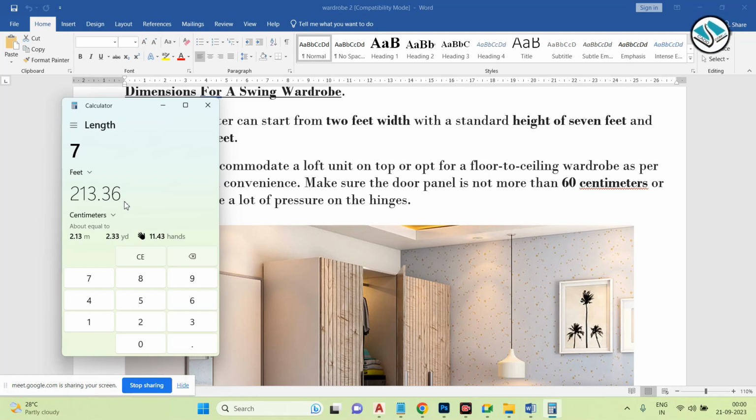Like if you have a ceiling of 7 feet or 8 feet, approximately 8 feet, you can use a wardrobe height of approximately 240 or 230 centimeters. This is the last limit of the height, but the standard is 213.